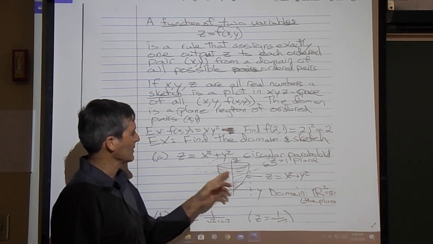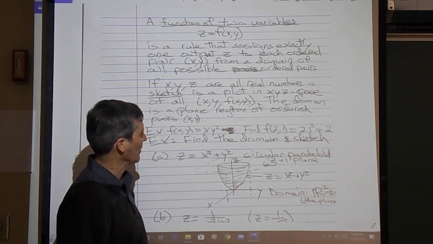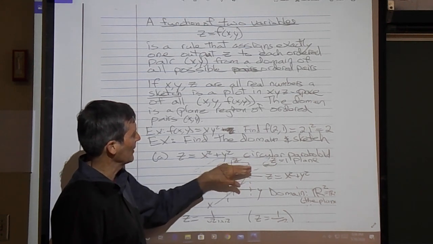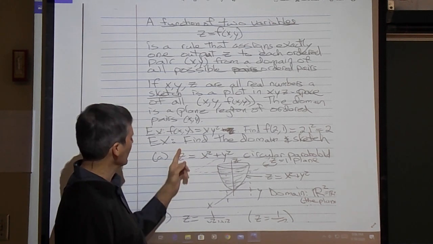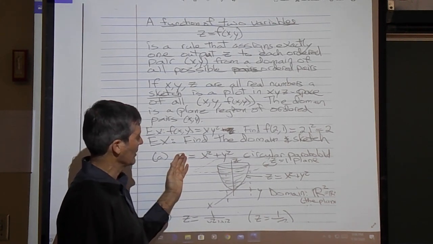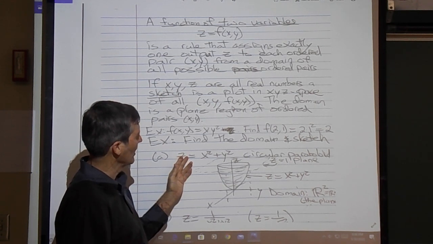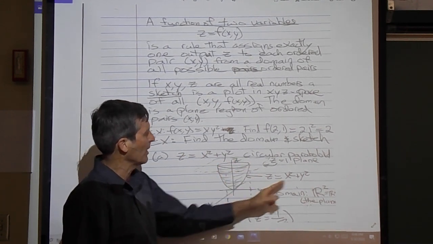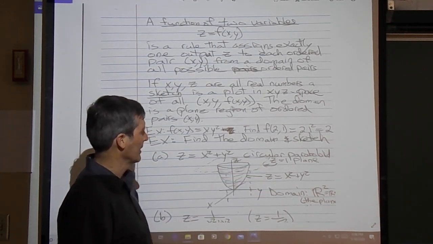So here, for instance, if we take the cross section of this surface in xyz space with the plane z equals 1, then by putting in z equals 1 here, we get what's called a trace. We put z equal to a constant number, we get the trace z equals 1. So 1 equals x squared plus y squared is a unit circle, x squared plus y squared equals 1, in the z equals 1 plane.